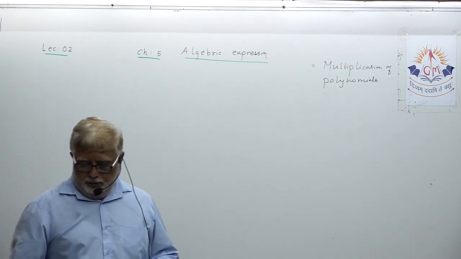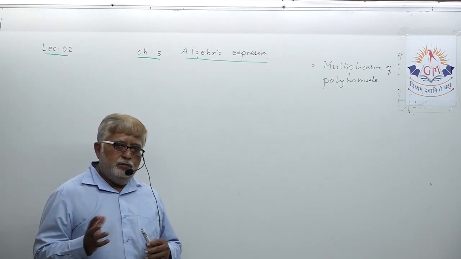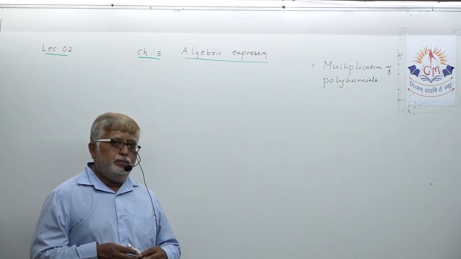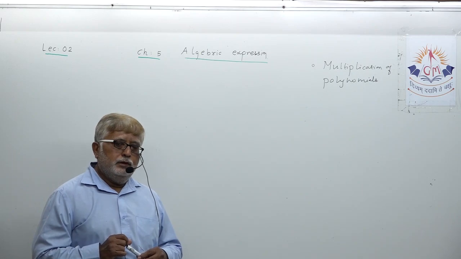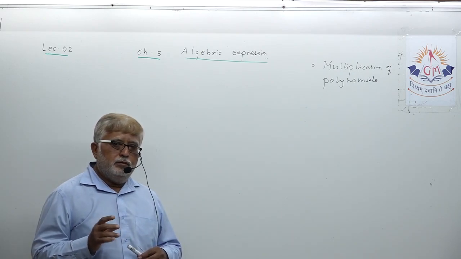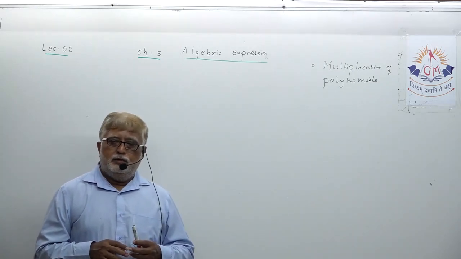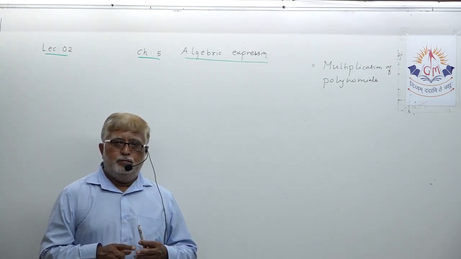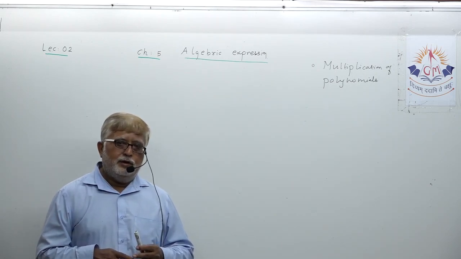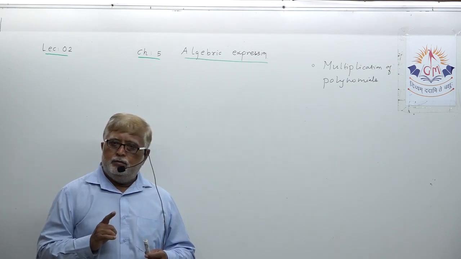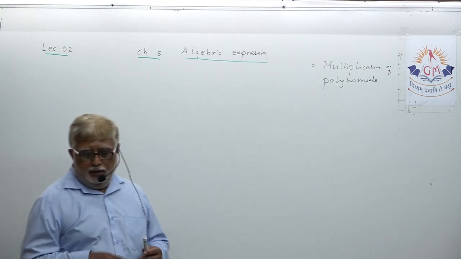How will we start the topic? Dear student, in today's lecture we want to complete this topic. When we are discussing the multiplication of polynomials, that means we will consider the multiplication of monomial, binomial, trinomial, etc. So one by one we will take each and every topic.